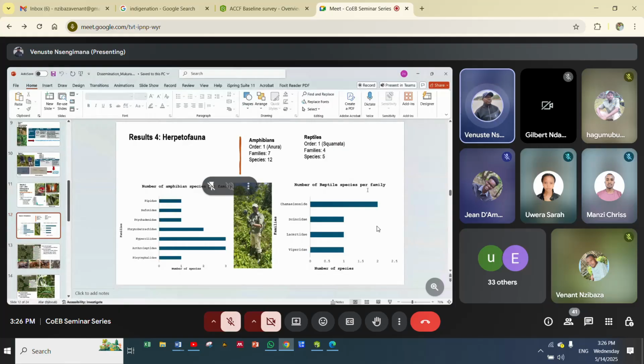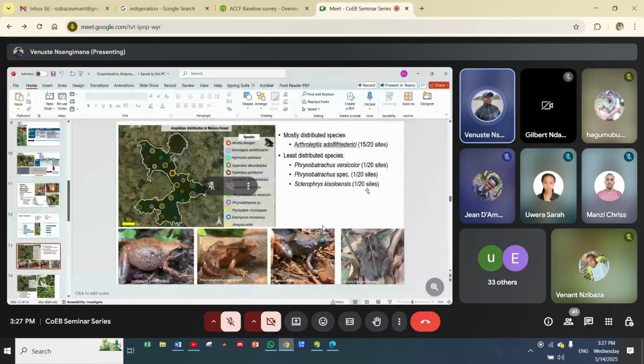Under reptiles, the Chameleonidae family was the most dominant, found in all areas, while in amphibians, the 2 families were the most occurring, Hyperoliidae and Arthroleptidae, compared to other families that have been identified in the area.